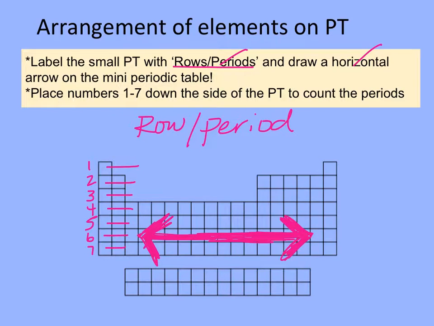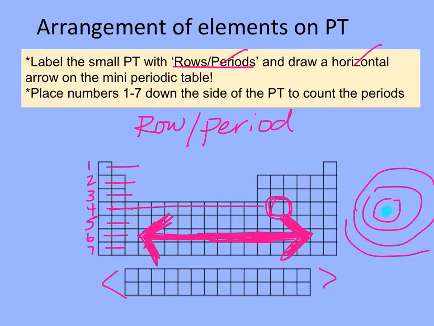We won't talk too much about these down here, so we're not going to number those at this time. For example, if I have an element right here, I can trace over and see what period it's in. It's in period 4, so when I go to draw this element, thinking about what one atom looks like, around my nucleus I have 1, 2, 3, 4 energy levels. Okay?